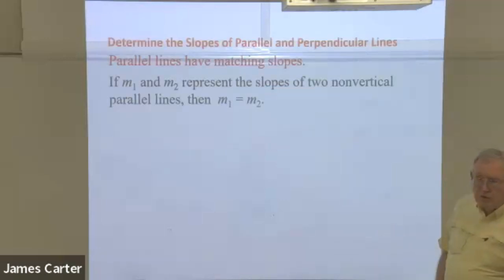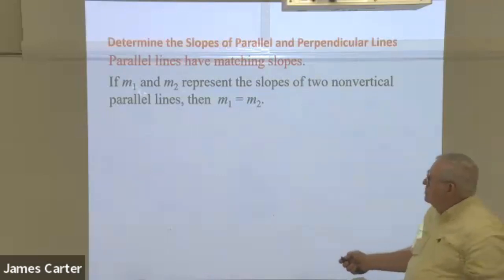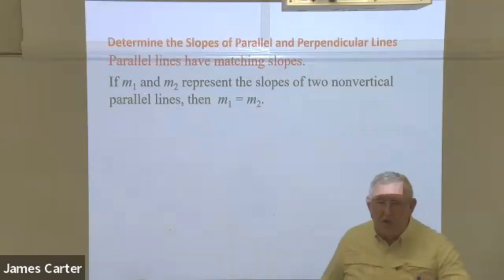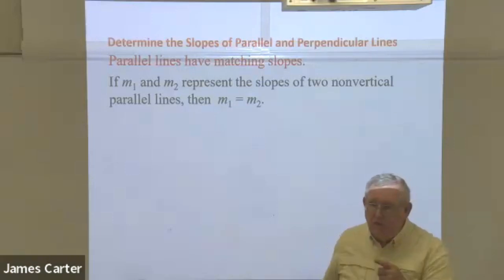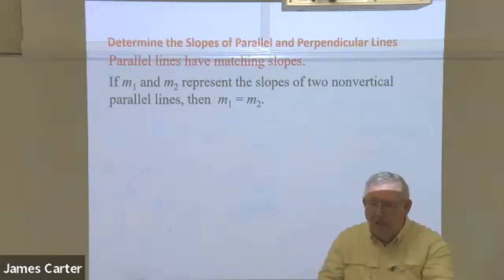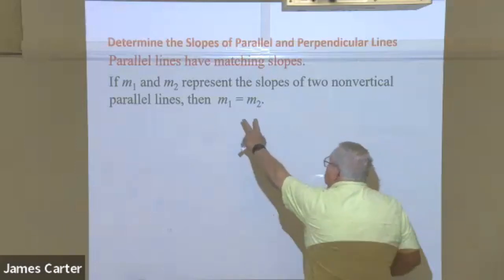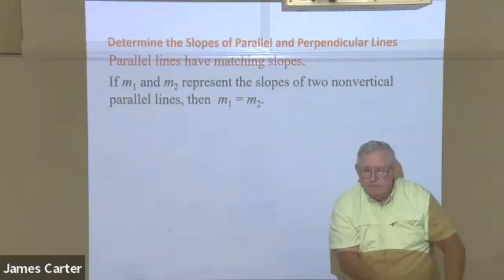So here's the rules of slope for parallel and perpendicular. What this sentence is saying is, if M1 happens to be the slope of a first equation, and M2 is the slope of the second line equation, if they're parallel, then the slopes are the same for those 2 equations.